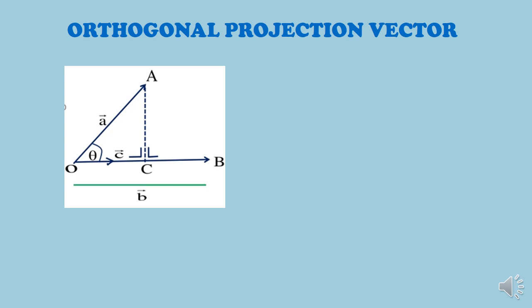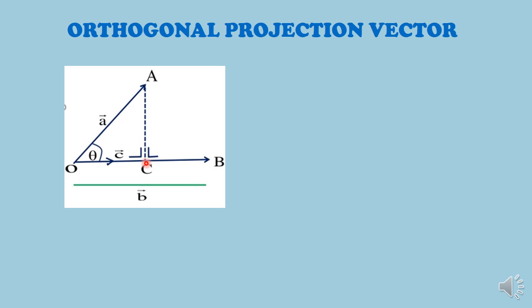So let's say that I have vector A and vector B here, while vector C here is the projection vector of vector A onto B.